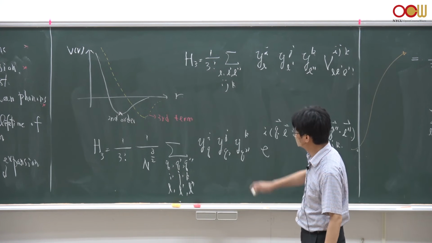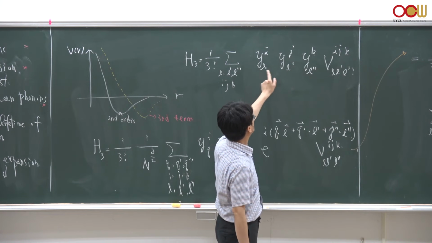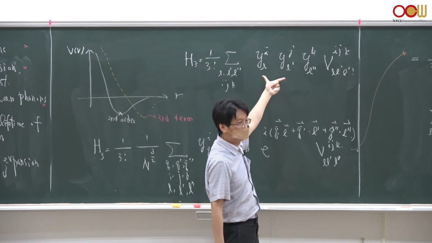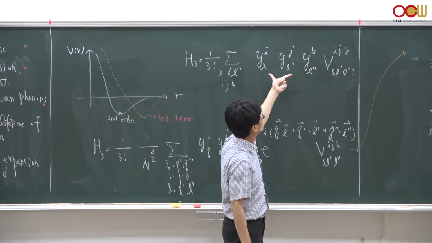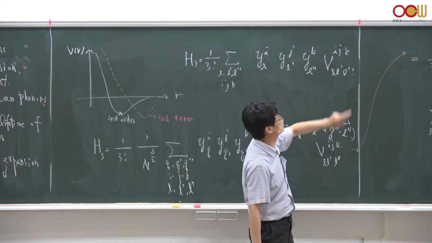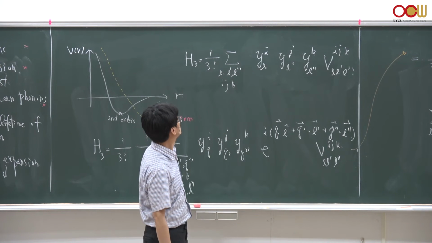It's just more complicated. It involves more degrees of freedom. It involves three displacement vectors multiplied together, so we get a tensor-like product. And also the matrix element involves 6 indices.